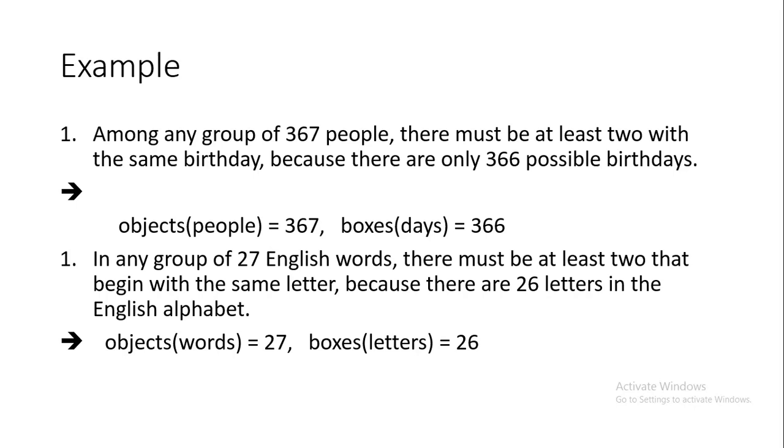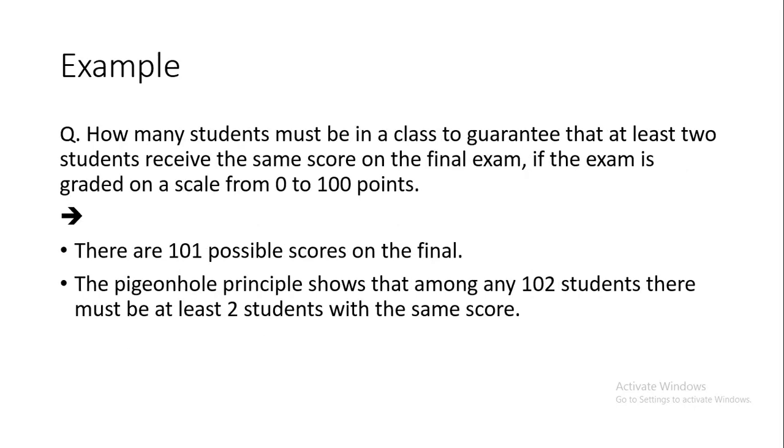Similar example. How many students must be in a class to guarantee that at least 2 students receive the same score on the final exam, if the exam is graded on a scale from 0 to 100 points? Here the question is given: how many students.